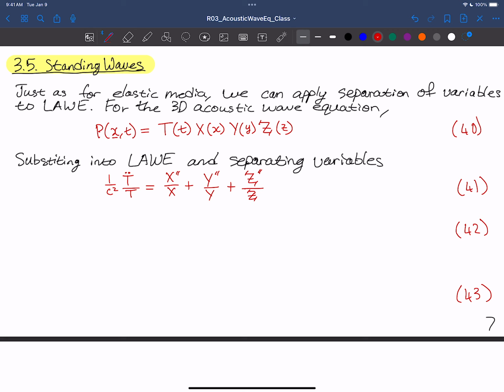On the right, we have a function of three spatial variables. Because these are functions of different variables, they can only be equal to a constant, and we're going to call that minus lambda 1 squared.